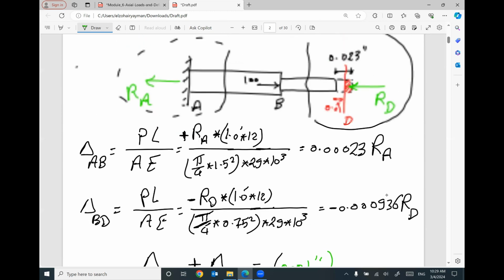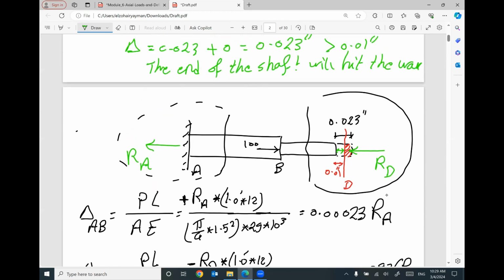Keep in mind the reactions. If you apply summation Fx equals 0, the reaction at A in negative, the reaction at D in negative, plus 100 will equal 0. So I can say the first equation: reaction at A plus reaction at D equals 100.